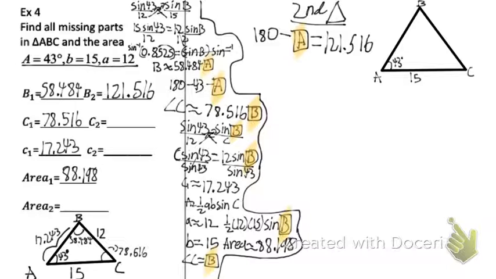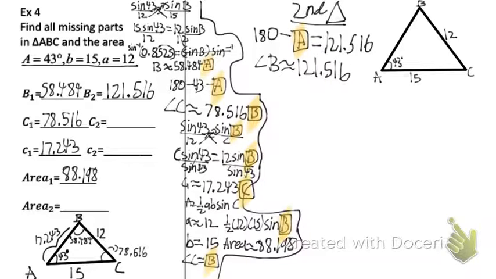A is 12. And we just found out that angle B approximately equals 121.516.